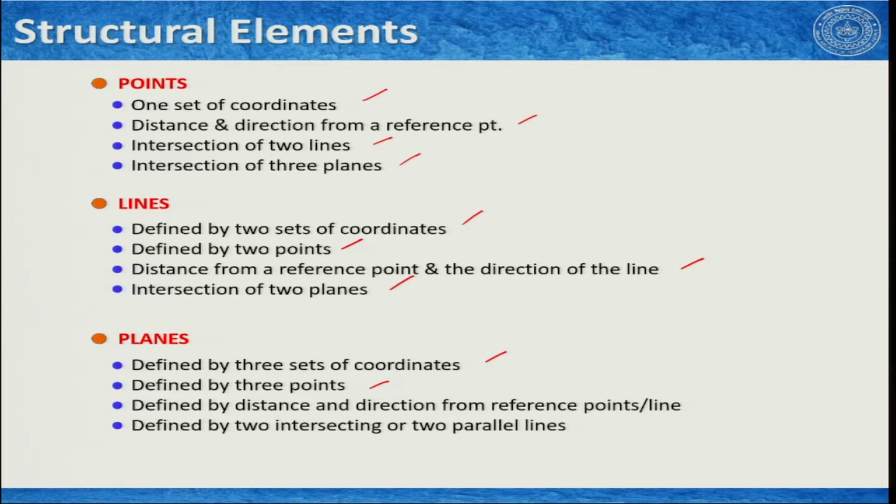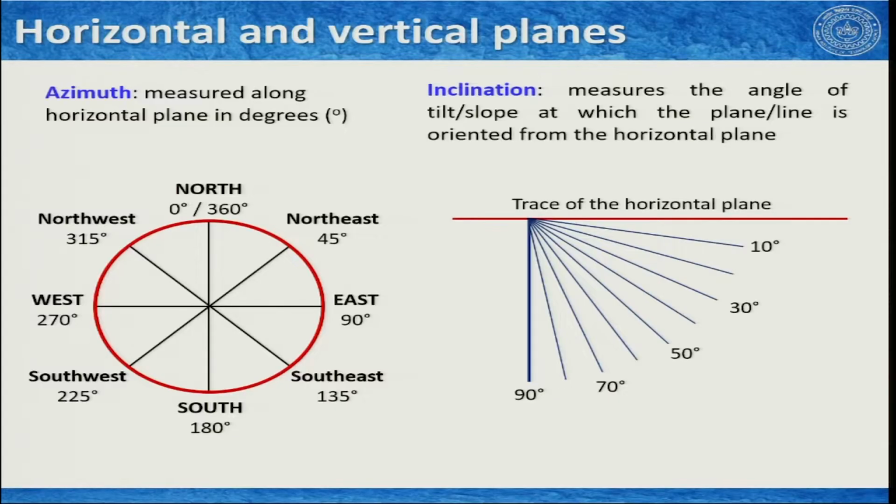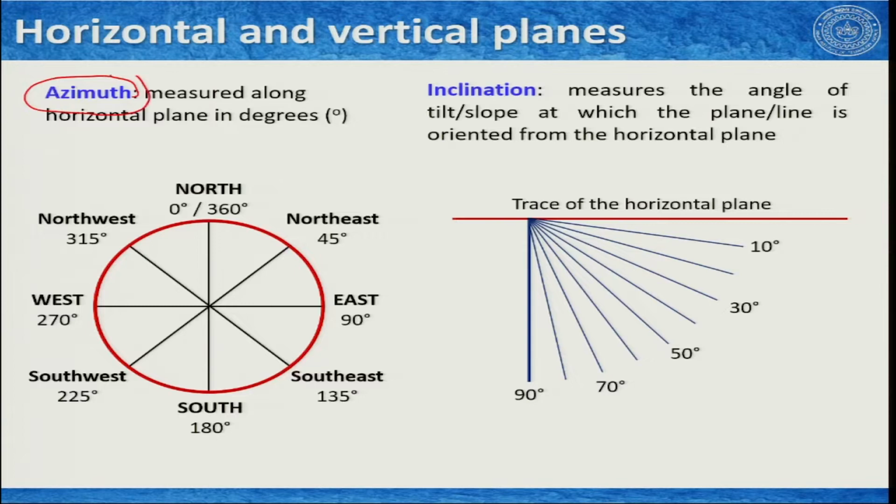So, in structural measurements, we measure things in two different planes. One plane is the horizontal plane, where we can define north, south, east, west, because this is measured on a horizontal plane. And all measurements that we do on a horizontal plane, we refer to as azimuth.